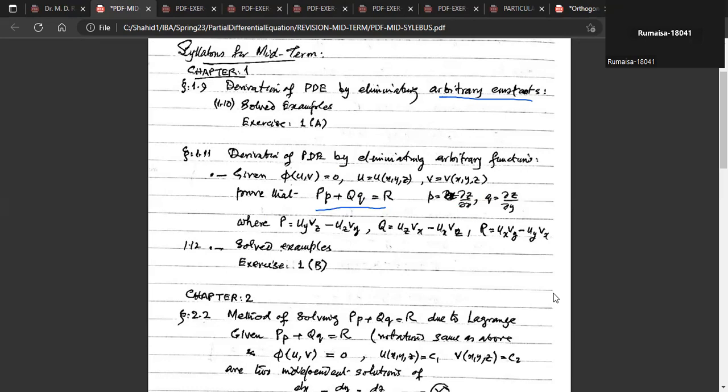So we obtain partial derivatives of u and v with respect to x, y, z, and special forms. This is capital P, this is capital Q, and this is capital R. And with that, you have dou z by dou x and dou z by dou y, denoted as small p and small q. And this makes the differential equation. And we'll be discussing exercise problems in exercise 1.1b very soon.